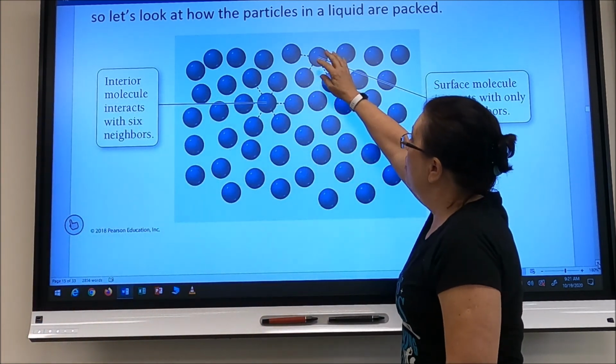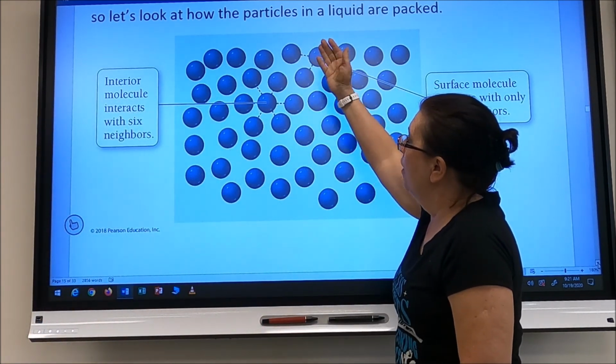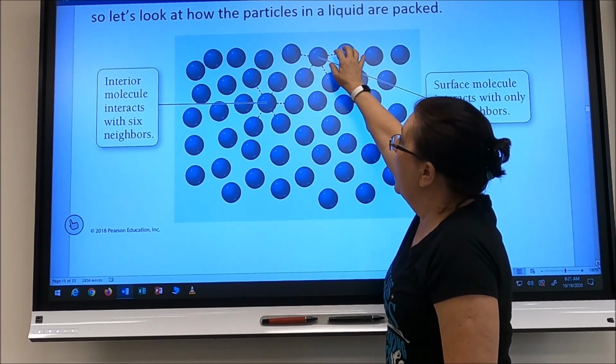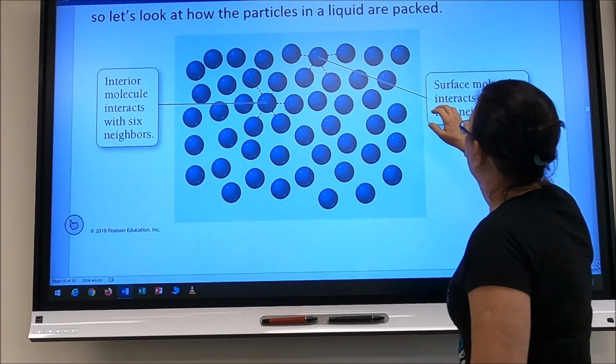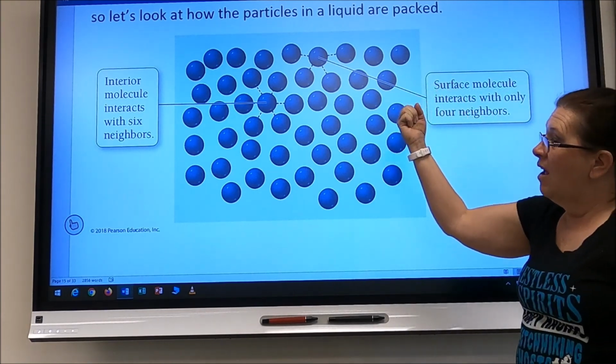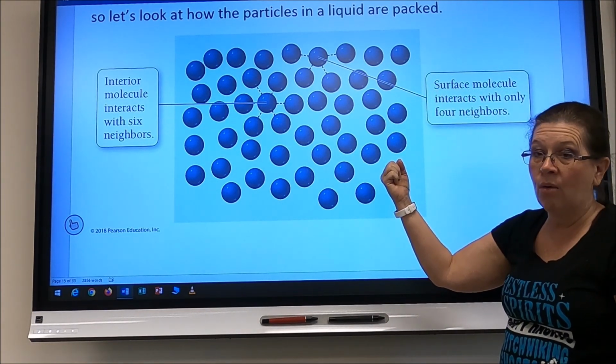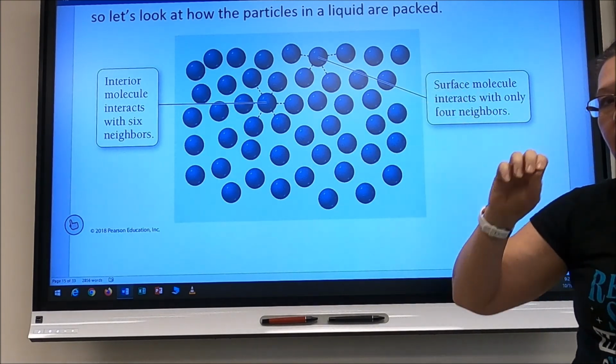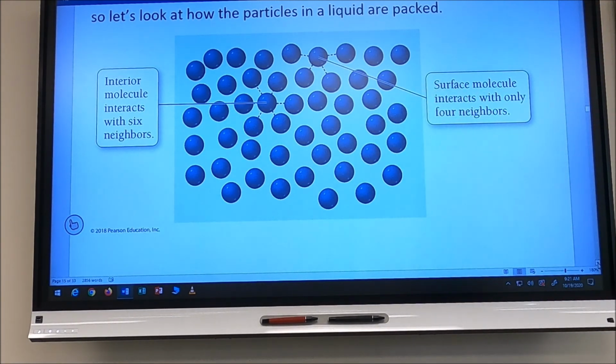If you're at the surface, you're pulled left, right, front, back, and down. There is no pull up. Because of that, the particles at the surface have a tendency to be pulled down. So the particles at the surface of a liquid are actually packed tighter than in the body of the liquid.